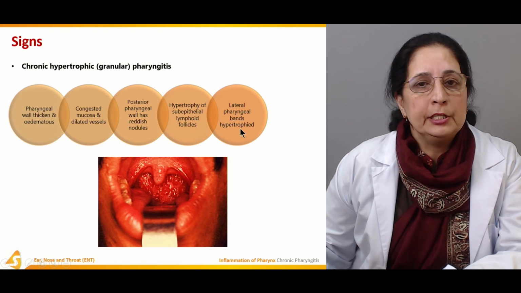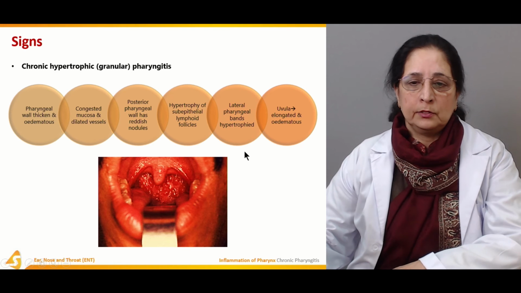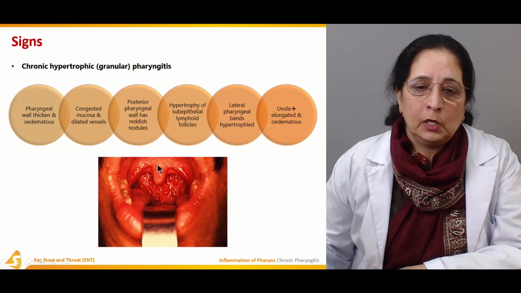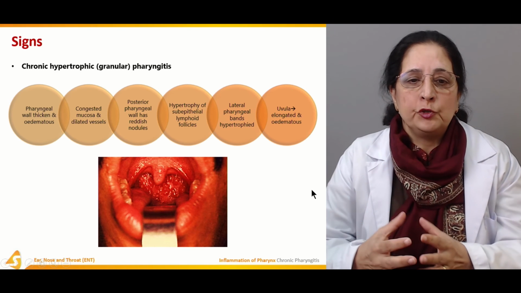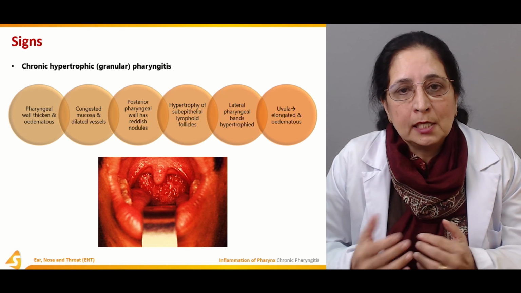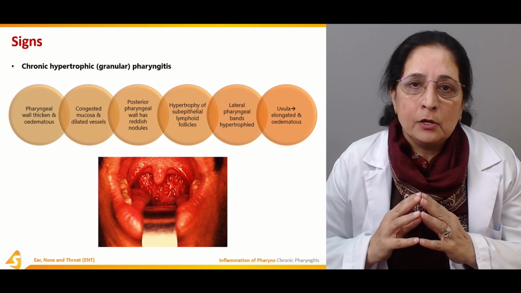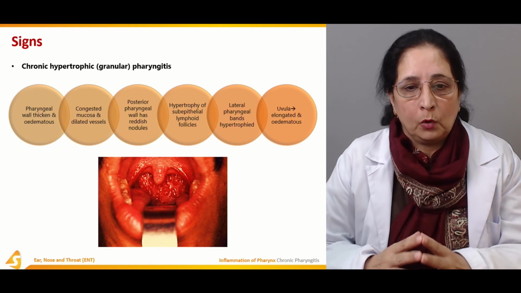Lateral pharyngeal bands are hypertrophied, and there is also edema of the uvula. This is the uvula, and you see it is edematous and swollen. So this is the hypertrophic granular type of pharyngitis in which granules and nodules are present on the pharyngeal wall.